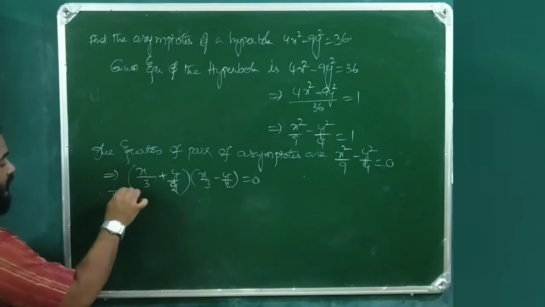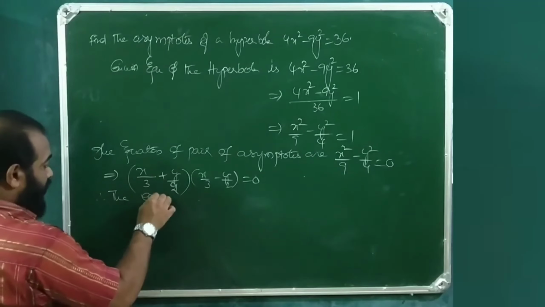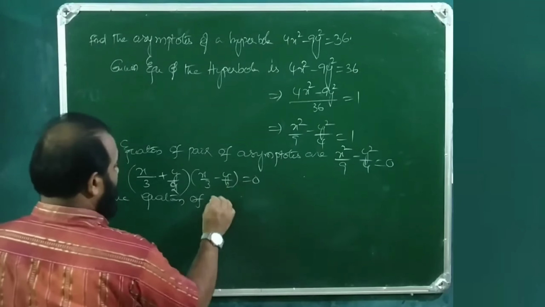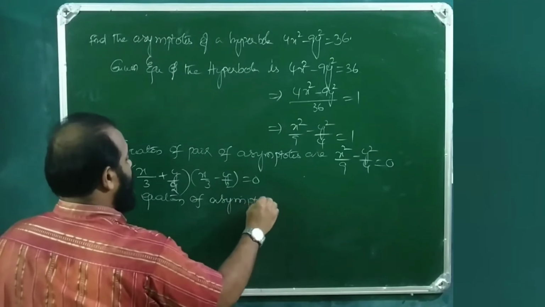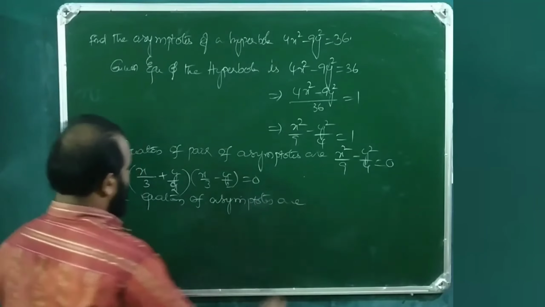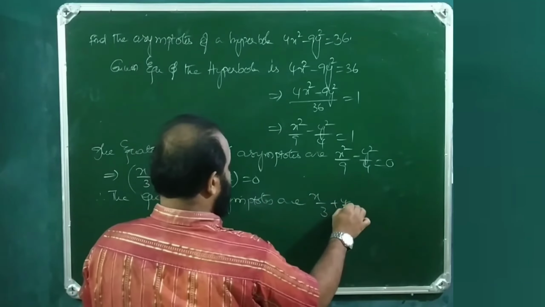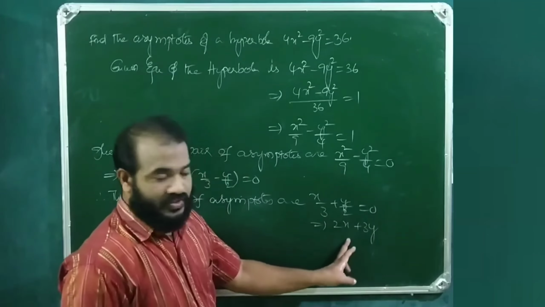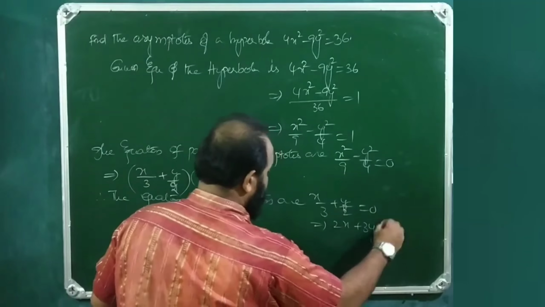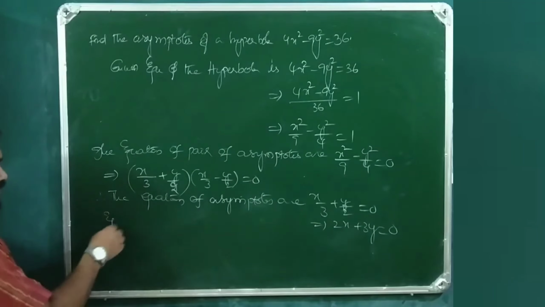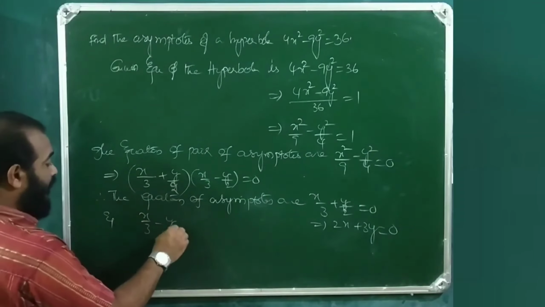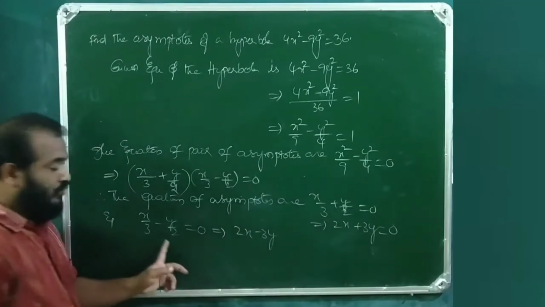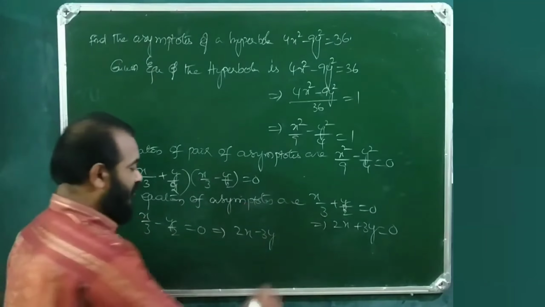Therefore, the equations of the asymptotes are x by 3 plus y by 2 equals to 0, that is 2x plus 3y equals to 0, and x by 3 minus y by 2 equals to 0, that is 2x minus 3y equals to 0.